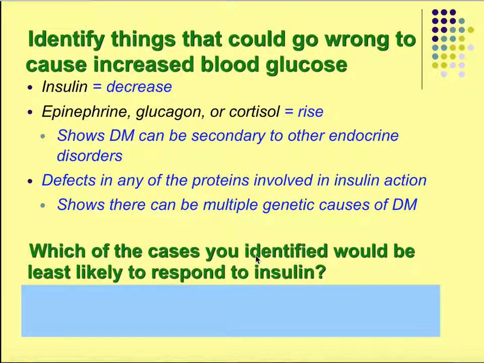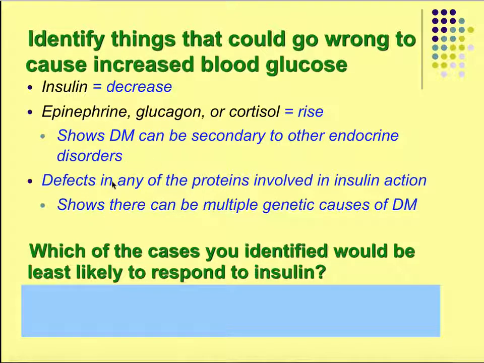So which of the cases that we identified above would be least likely to respond to exogenous insulin? Well, basically, which one's not going to respond to taking insulin? Well, if you have low insulin, taking insulin, that makes sense. It's going to replace it. It'll help. If you have too much epinephrine, glucagon, and cortisol, giving insulin could compete and help.